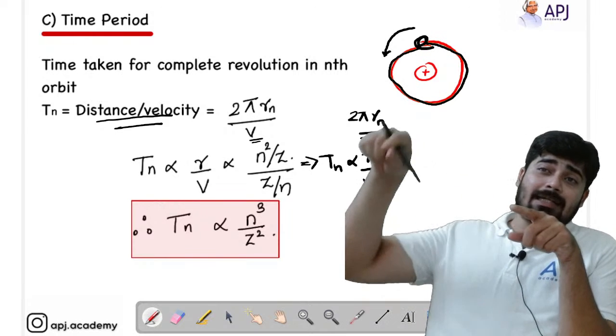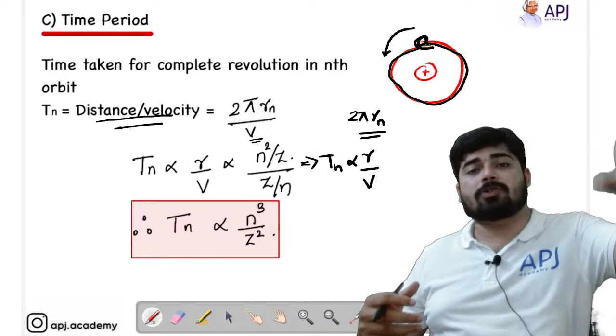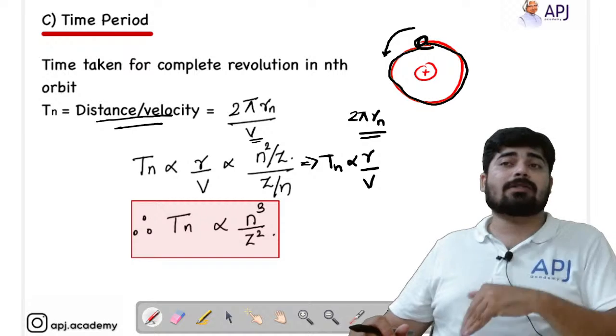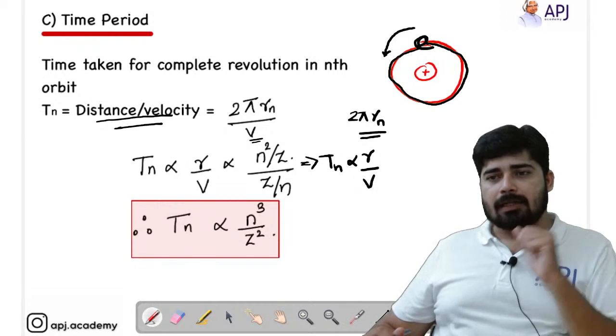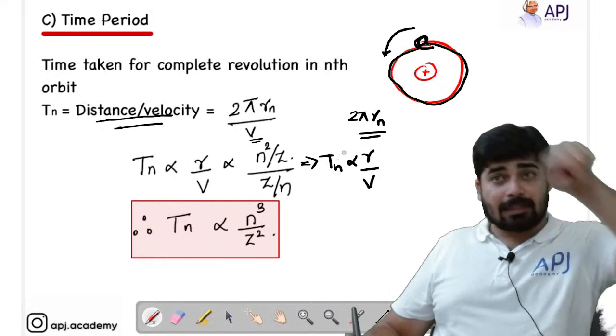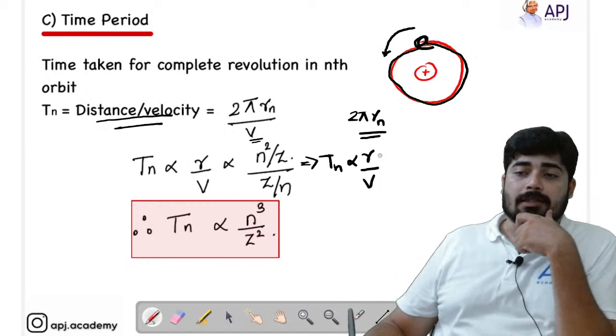If the radius increases, the distance increases, so obviously time period also increases. If the velocity is greater, it revolves faster, so time period decreases.